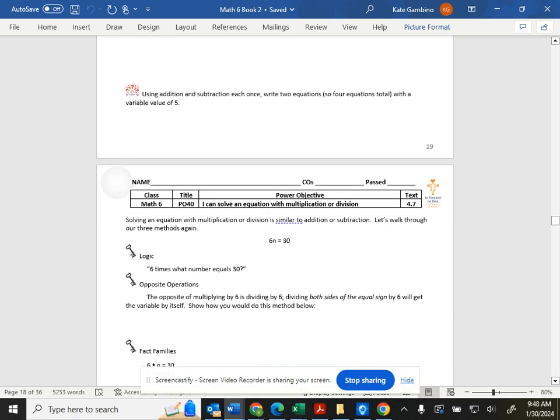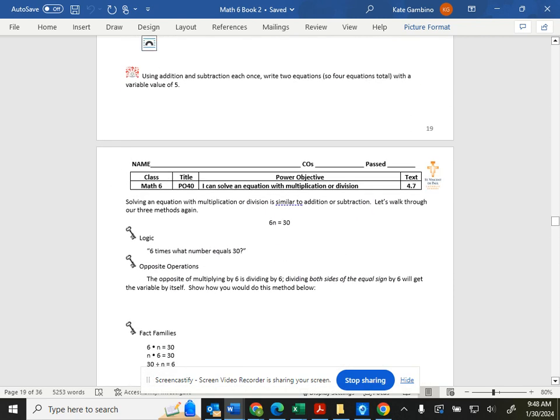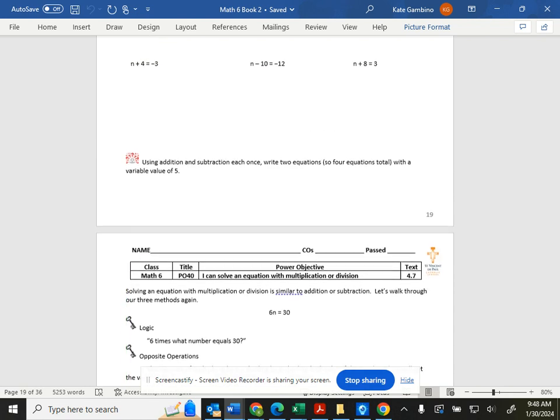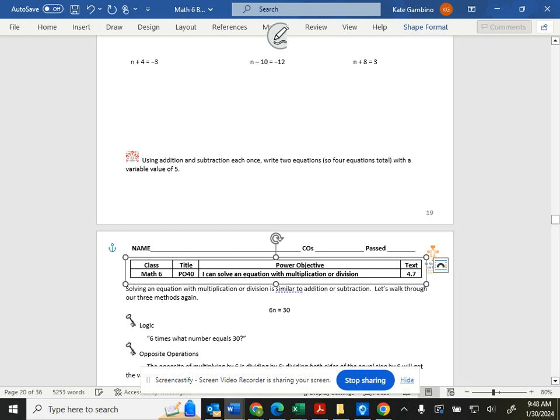So then we will be having some writing your own equations using addition and subtraction. Write two equations with a variable value of 5. So remember how we did that. We used 5 and we wrote an equation.